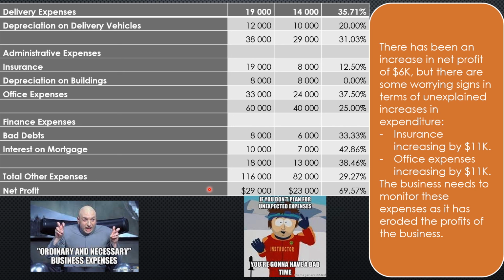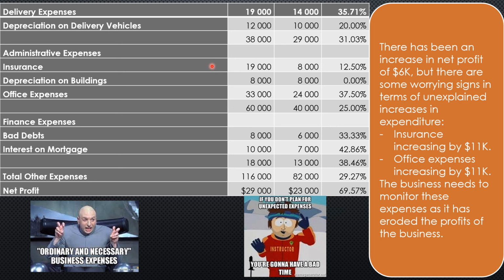Now, when you're looking for a decrease in profit, you're looking for reasons why this profit has gone down. And in particular, you're looking for key accounts. So the key accounts that have obviously eroded or decreased this good outcome for the business is this one here with the insurance, and it's actually gone up by $11,000. And that is something that needs to be investigated.